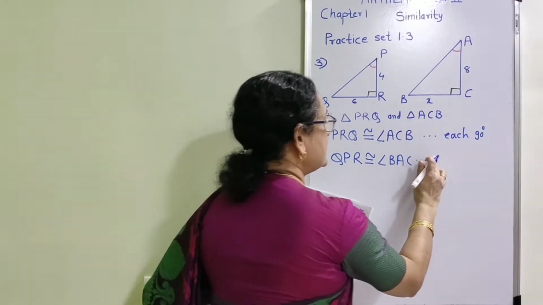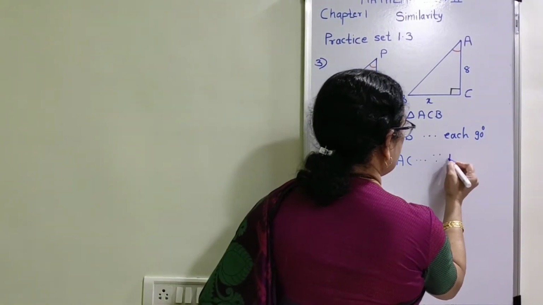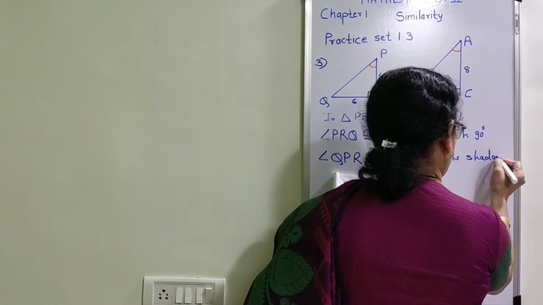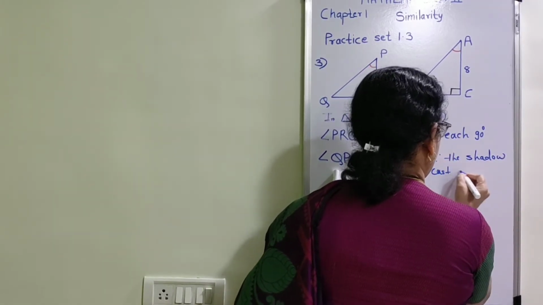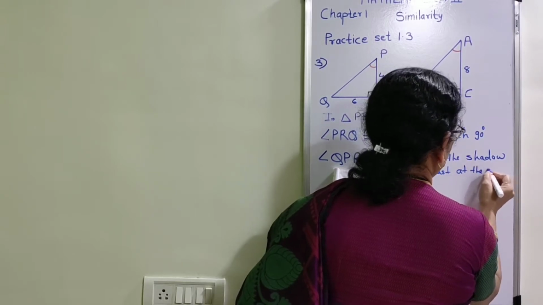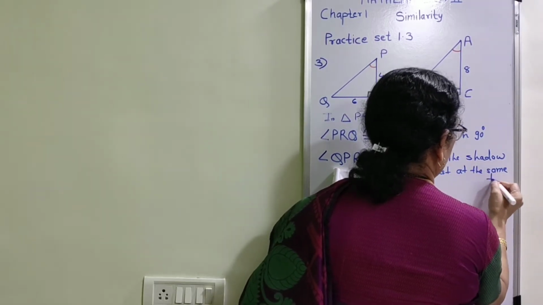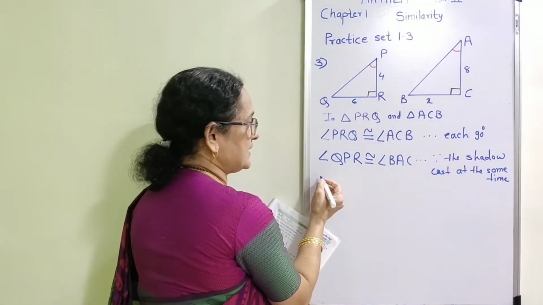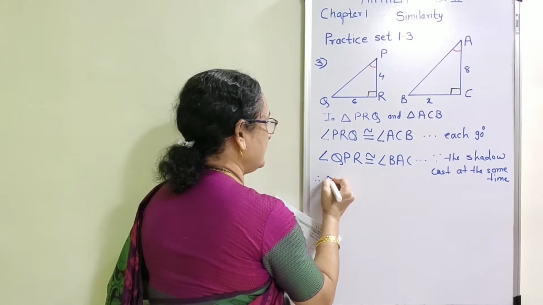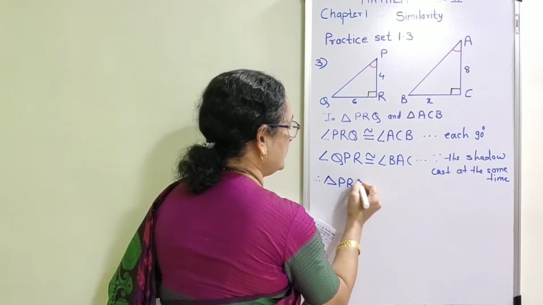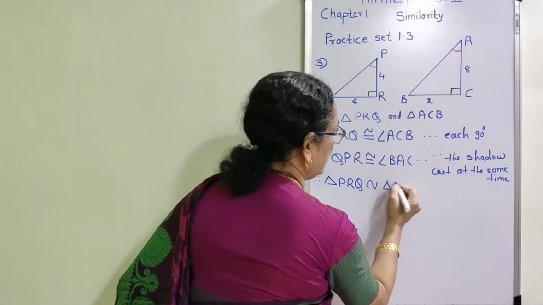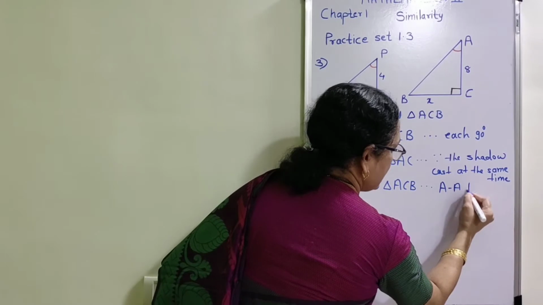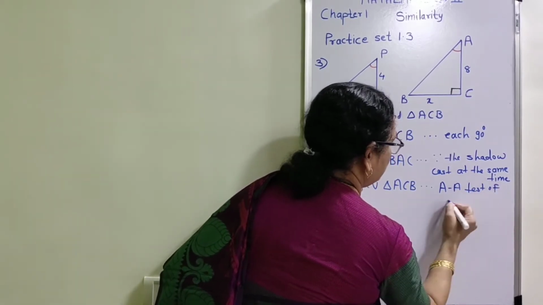Here the reason: since the shadows are cast at the same time, we are considering the shadows at the same time, and therefore these two angles are also congruent to each other. Therefore triangle PRQ is similar to triangle ACB by a test of similarity.